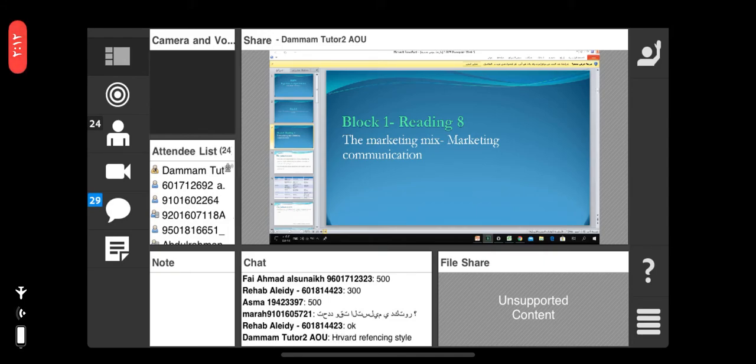Harvard referencing styles with citation. كل article تكتبه لازم عليه citation, from where you get this information. Yes, at least 2. Yes, at least.